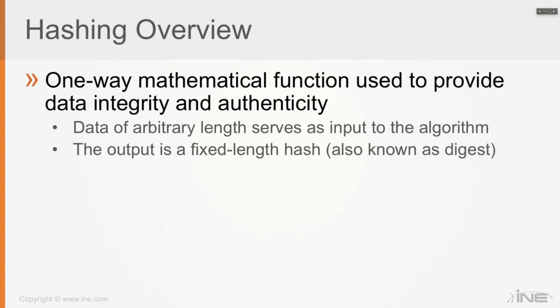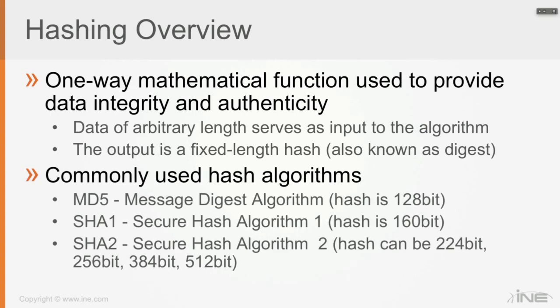So how hashing works: because it's a one-way function, data of arbitrary length serves as the input to the algorithm, and the output is going to be a fixed-length hash, also known as a digest. Commonly used hash algorithms are MD5, which stands for Message Digest 5 algorithm, with a hash size of 128-bit.